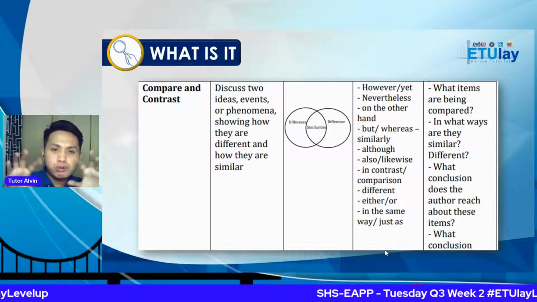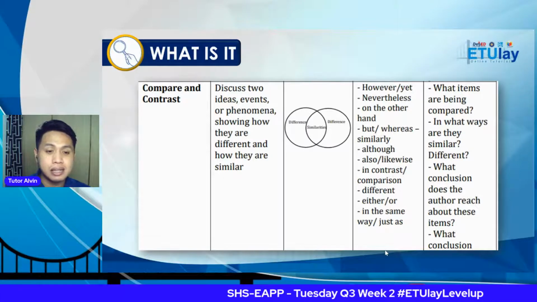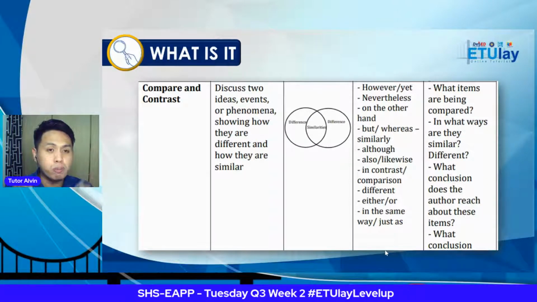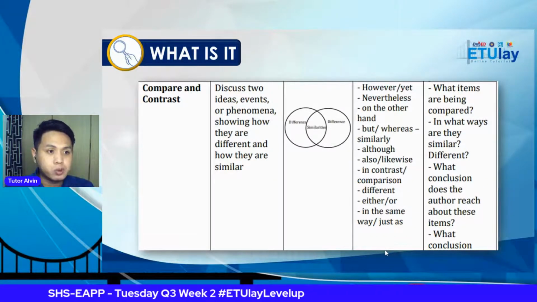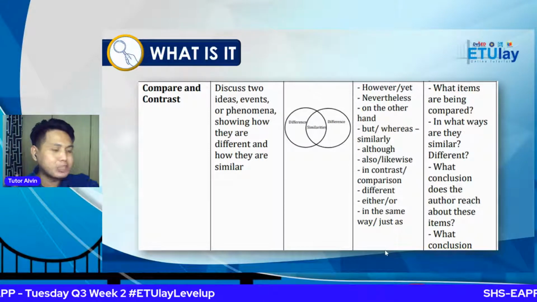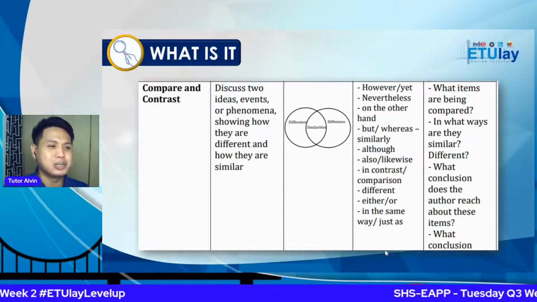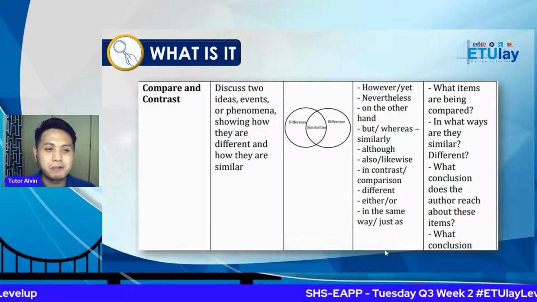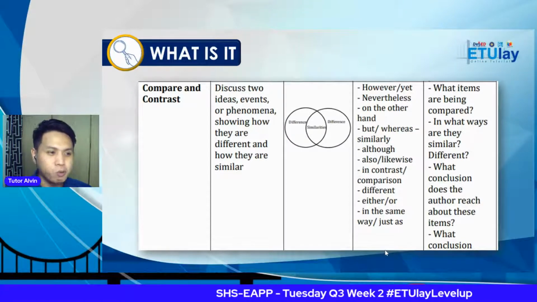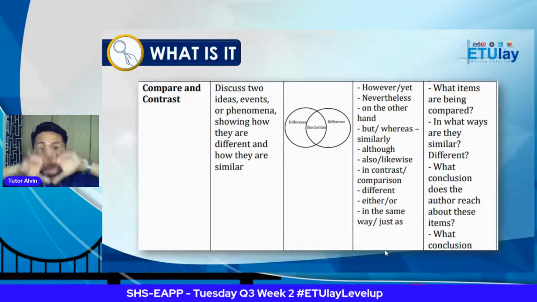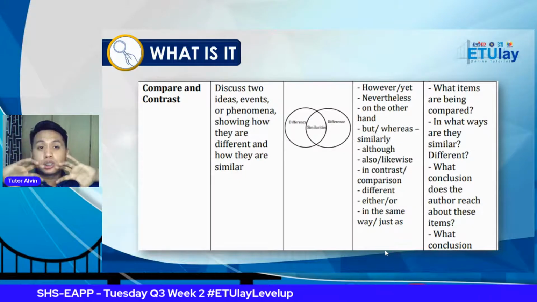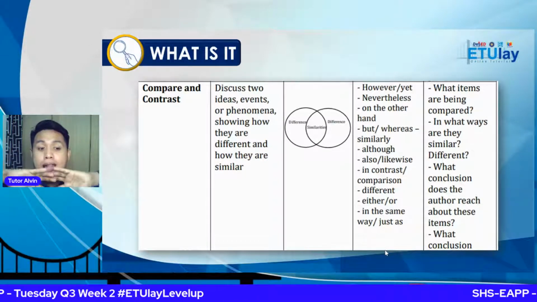Now, in order for you to be guided in identifying the similarities and differences of two or more concepts or ideas, let's follow. What do we call this graphic organizer, class? This is commonly used when we are comparing and contrasting. What do we call this graphic organizer which has two circles which are overlapping?